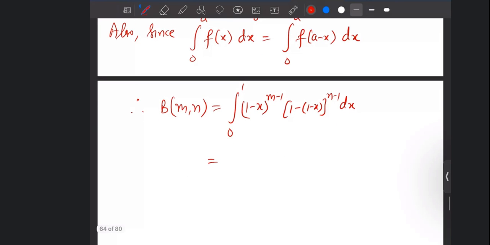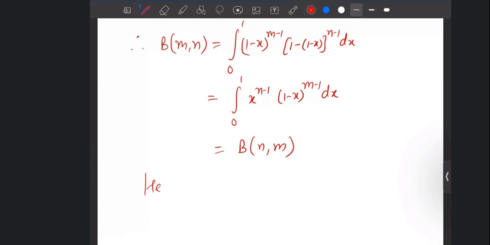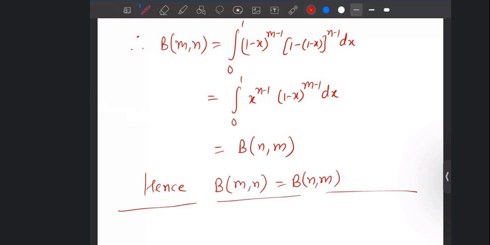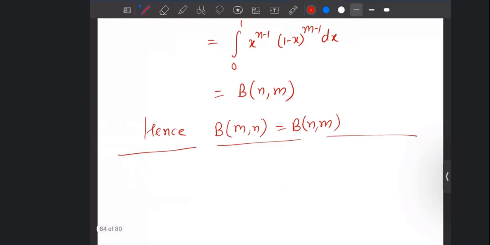Simplifying, the 1 cancels in the second bracket, leaving x raised to the power n minus 1 and 1 minus x raised to the power m minus 1 dx, which is the definition of beta n, m. Hence this beta function is symmetric, and beta m, n is equal to beta n, m. This is about the symmetry of the beta function.